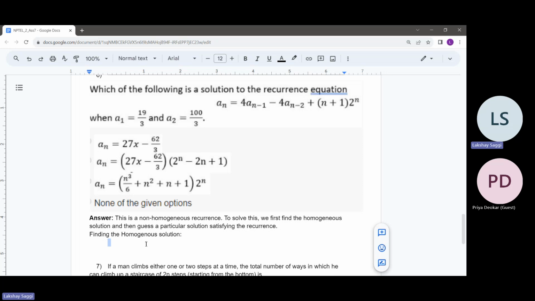It is just finding a solution to the homogeneous part, where we exclude the extra term, which does not have the form of a constant coefficient c_k times a of n minus k. This term, n plus 1 times 2 raised to power n, is not of that type. These terms have the form of a constant coefficient times a of n minus 1, a of n minus 2, and so on.